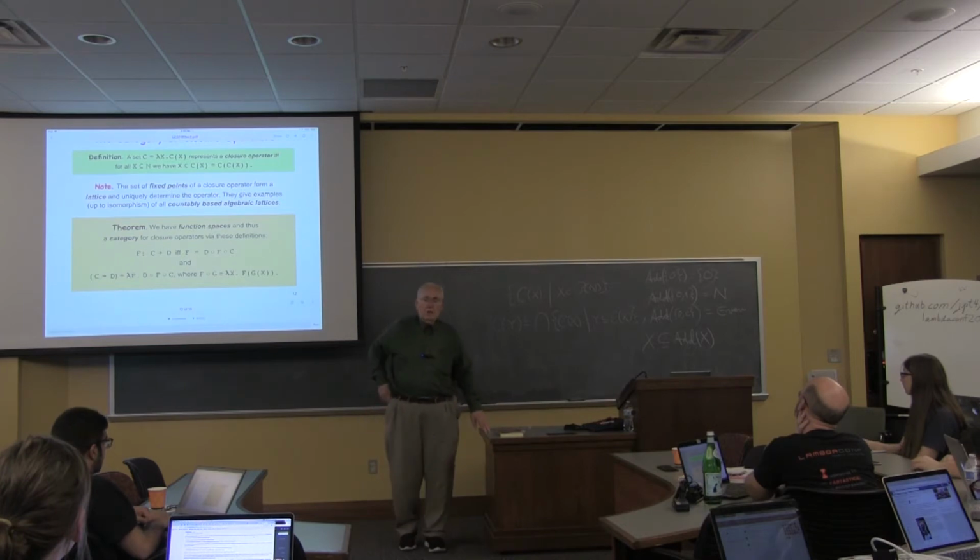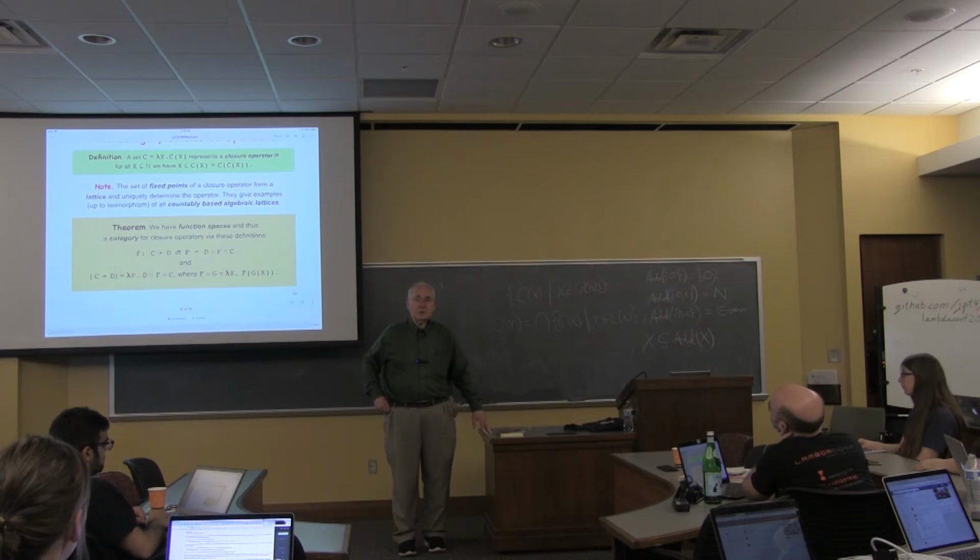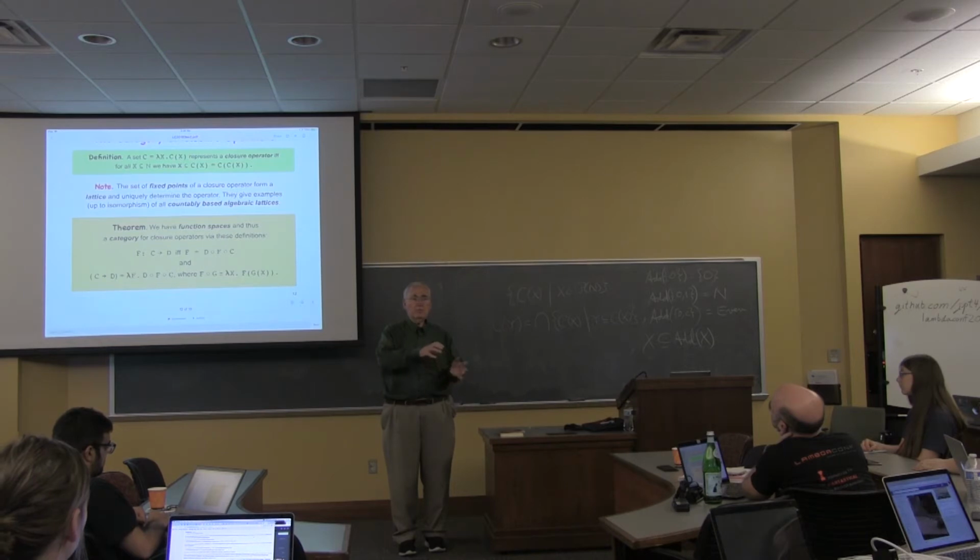Because for an axiom system, what are the closed sets of formulas? Those are the sets of formulas that result by adding a few more axioms and then taking all the deductions from it. In other words, the axioms themselves give you the smallest closed set.